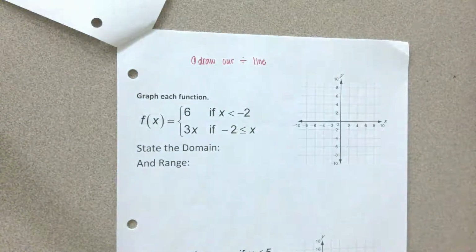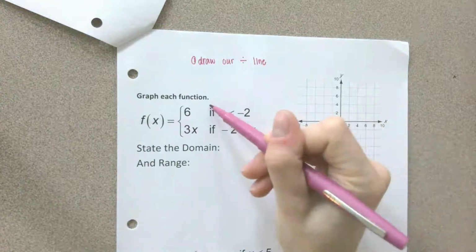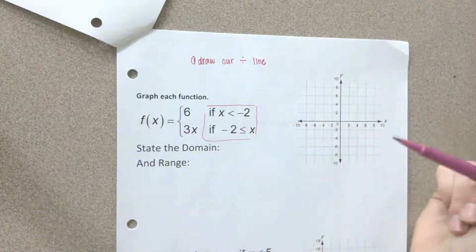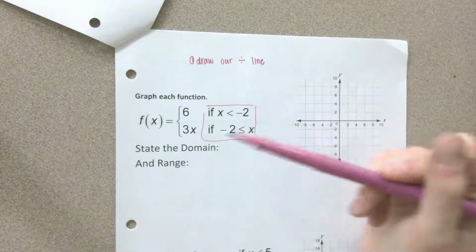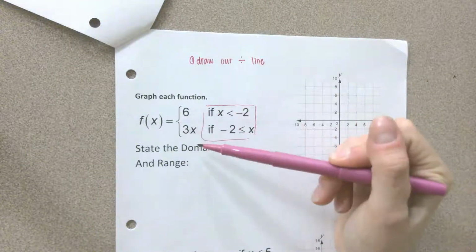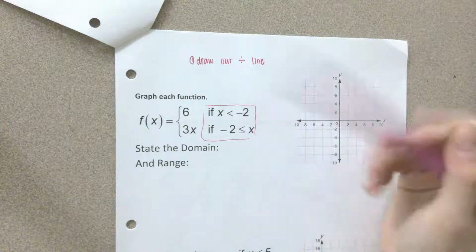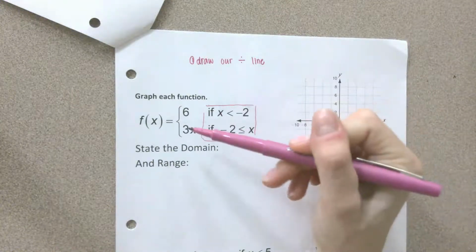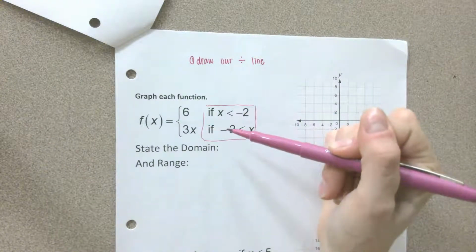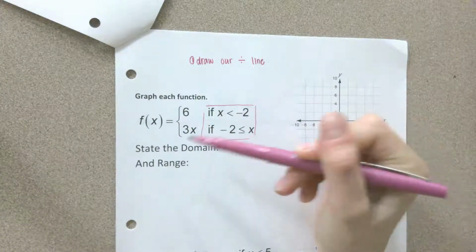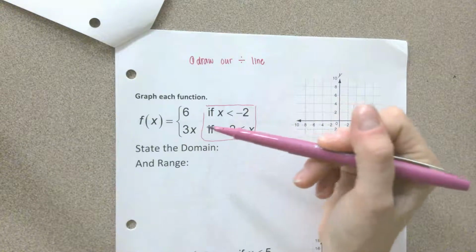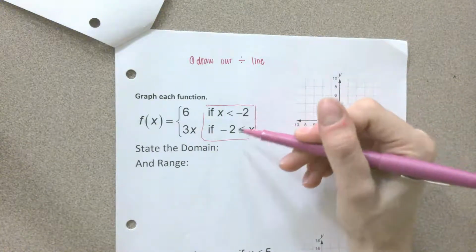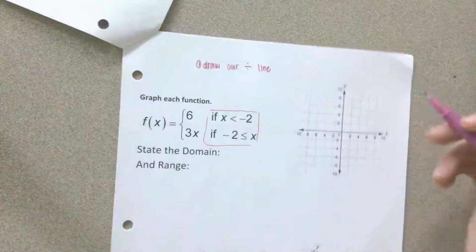Okay, and what I mean by that is we're going to look right here and we're going to see where our function switches at what number. Okay, so when x is less than -2, we have 6. If x is greater than or equal to -2, we have a different corresponding function.